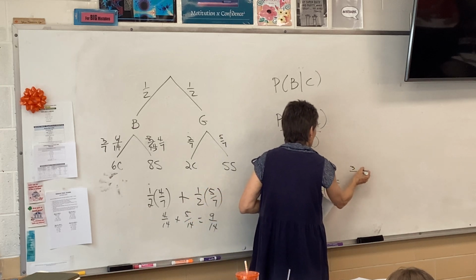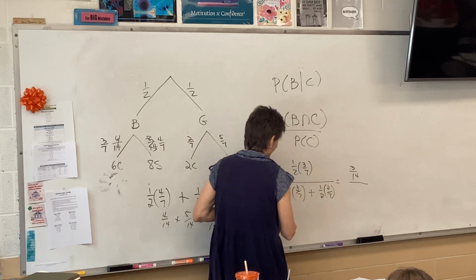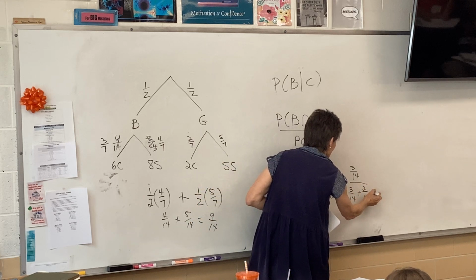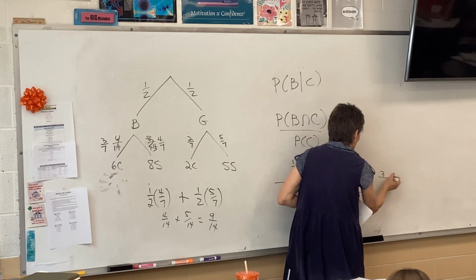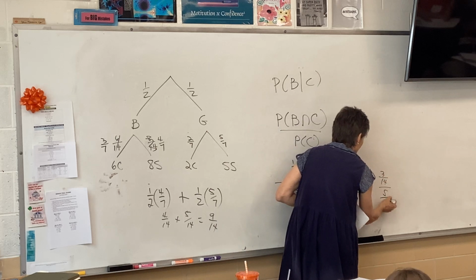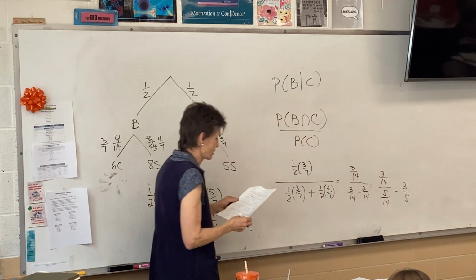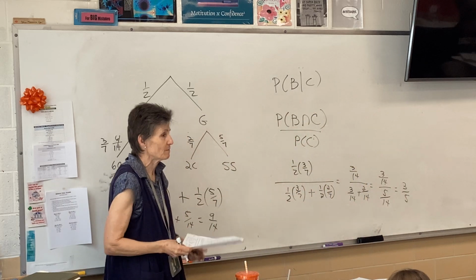So that's 3/14 over 3/14 plus 2/14. 3/5. The answer is 3/5, 60%.